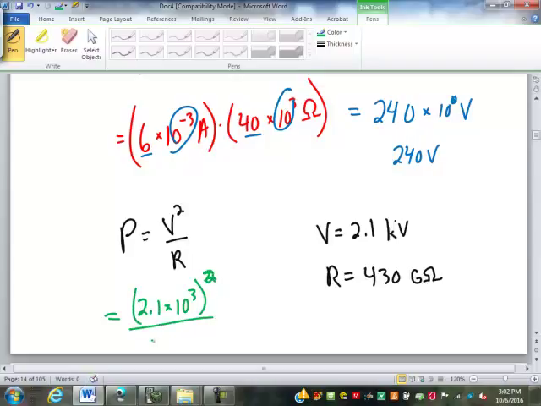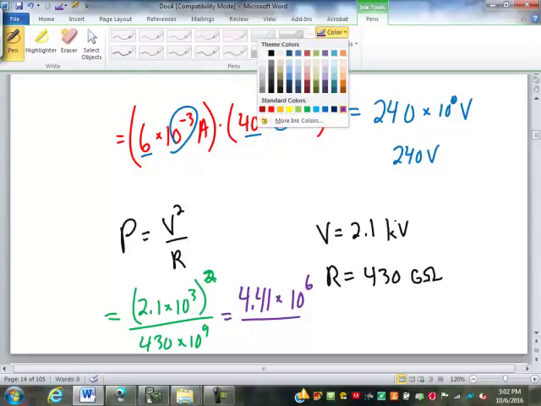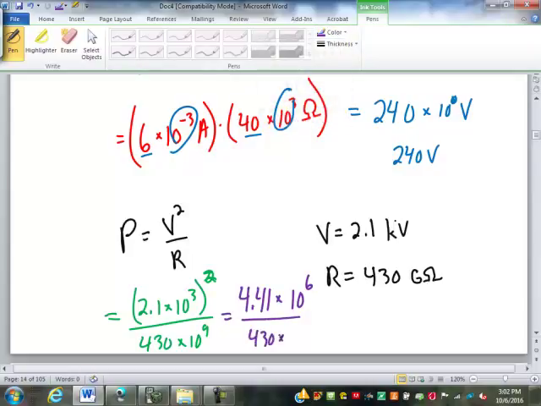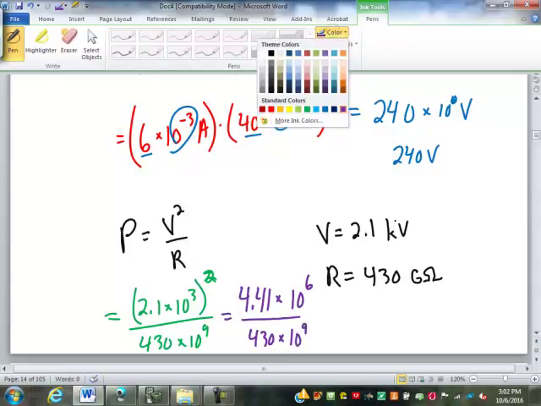On bottom here is the 430. Giga is 10 to the 9th. So we've got 2.1 squared is 4.41. 10 to the third squared is 10 to the 6th. On bottom, we've still got the 430 times 10 to the 9th.